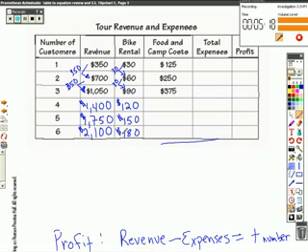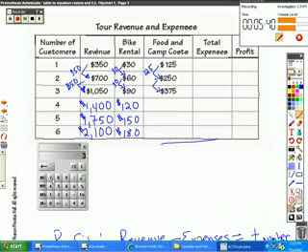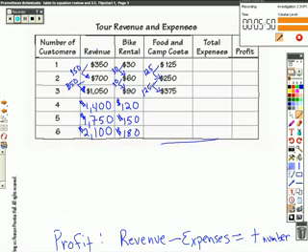The next one is food and camp costs. If you understand how this is going, chances are you've probably already completed everything, but you're waiting to figure out how to do total expenses and then profit. For food and camp costs, that's an increase of $125. I just want to make sure: 375 minus 250 equals 125. So it's increasing by 125. I should have left the calculator up.